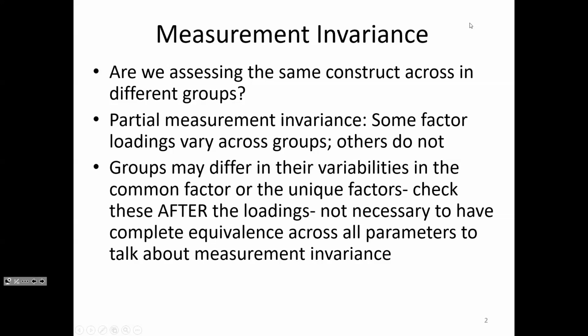Think about what that means. The strength of the relationship between the factor and the item is the same across the two groups, so those slopes are the same. But after controlling for the factor, the two groups differ in their item means, because that's really what the intercept is.